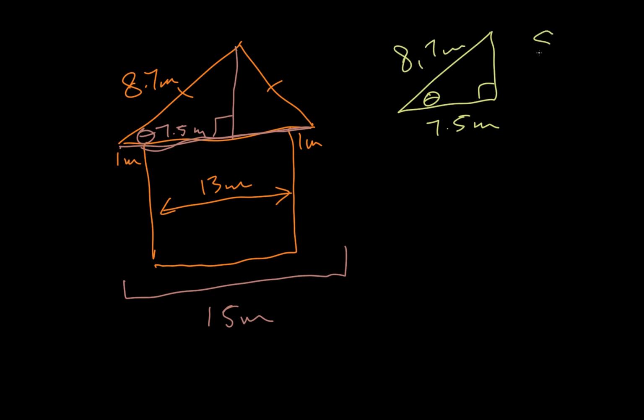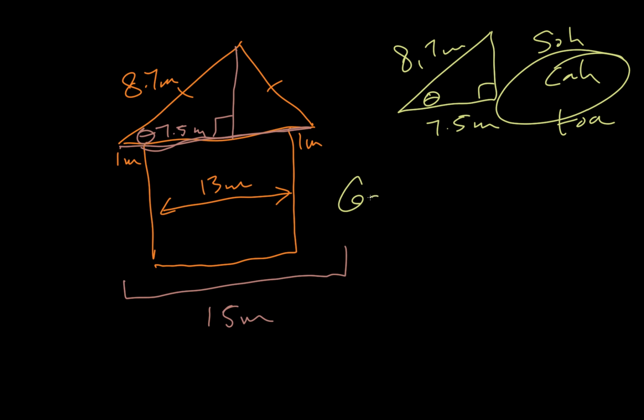So we look at SOHCAHTOA. Relative to this angle, we have the adjacent and the hypotenuse. So it's a cosine. So we have cosine theta equals adjacent over hypotenuse.